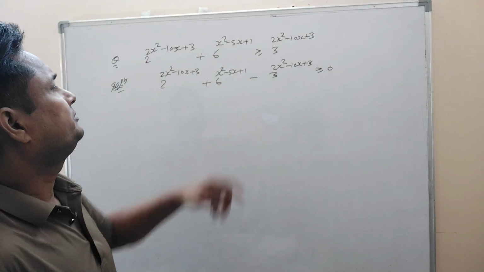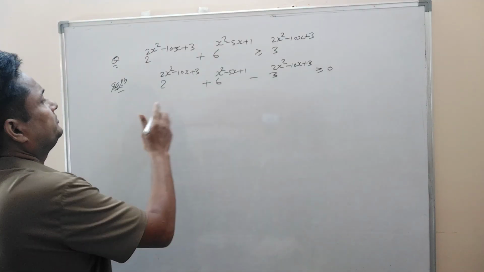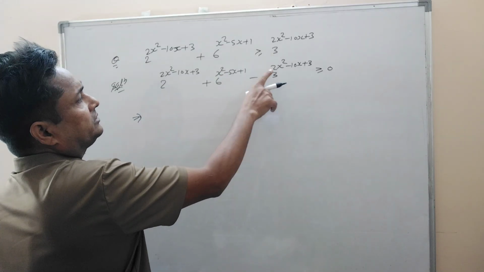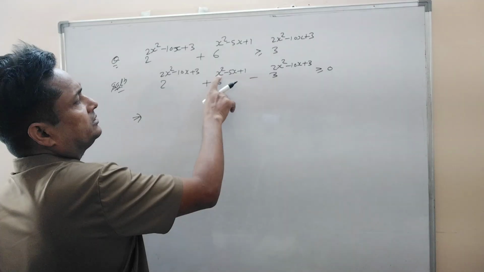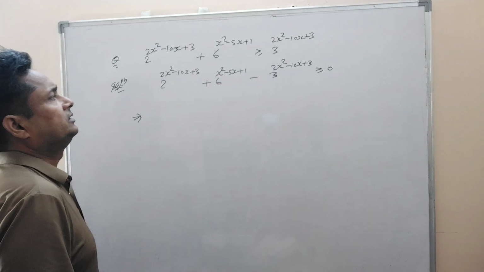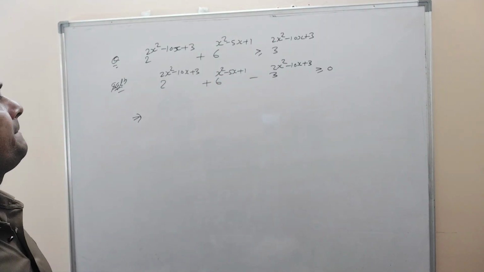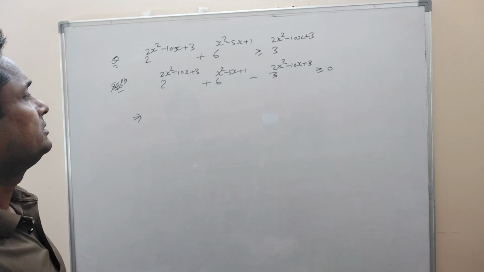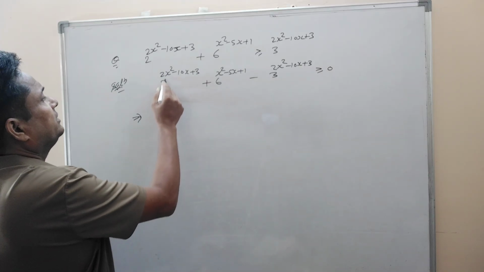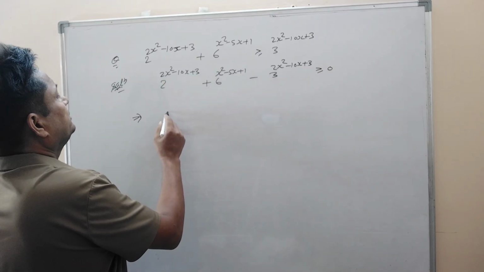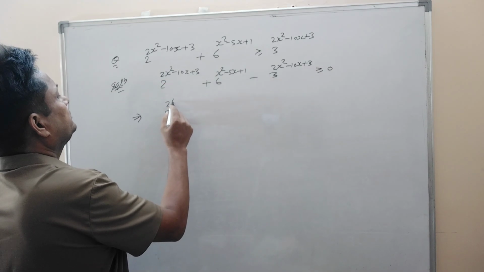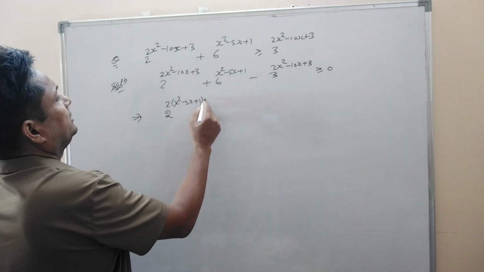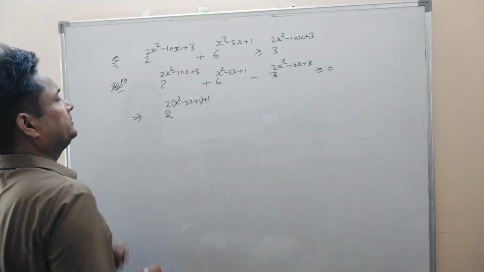Now here this can be written as what? Next you can make the same term, like here it is x square minus 5x plus 1. So here this can be written as 2 to the power 2 times x square minus 5x plus 1 and plus 1, right?